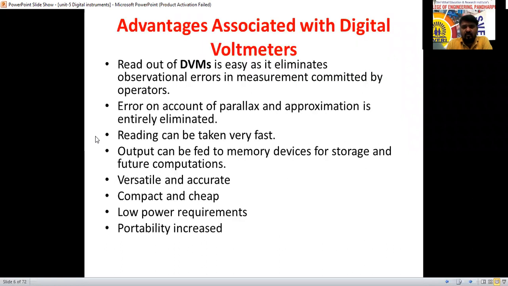Yes, sir. Now which slide is visible? Advantages. Okay, very good.